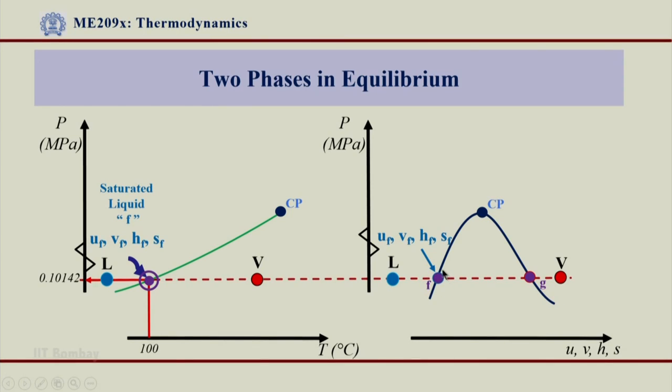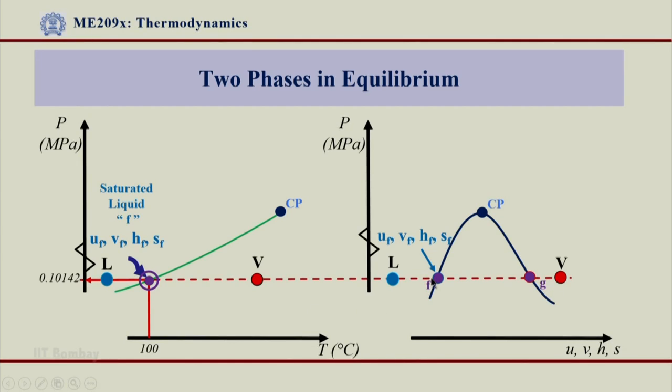So, we are talking about this F point now, but this F point will be viewed as the same point when I see from this angle. In PT plane I will see it as a point because both G and F actually coincide, and I therefore cannot differentiate between F and G point on a PT diagram, and because I want to differentiate between them, I have to refer to a PV diagram, or a PU diagram or a PH diagram as shown over here.